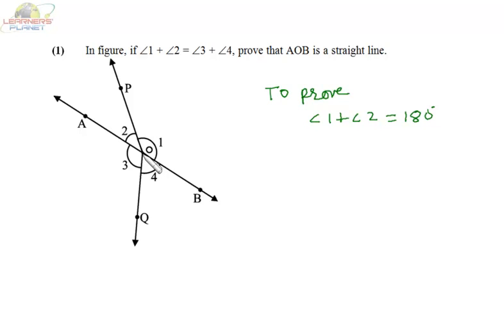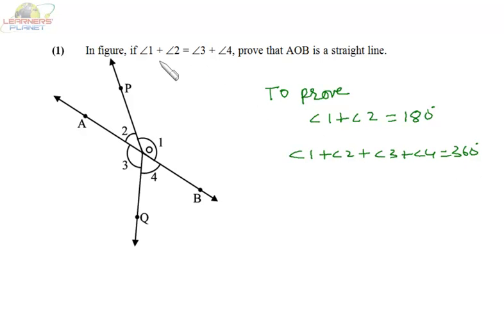We see an angle O over here, and these are the four angles. So all the angles will be added to 360 degrees. So angle 1 plus angle 2 plus angle 3 plus angle 4 is 360 degree, since this is a point and all the four angles are lying around it.